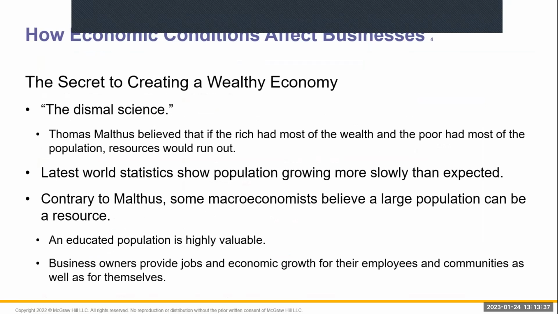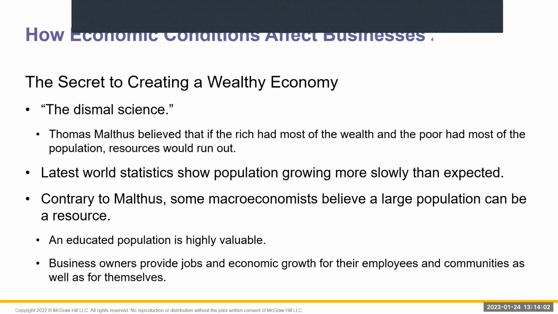Okay. The secret to creating wealth in an economy. Thomas Malthus was one of your older beginning economic scientists, and he believed that if the rich have most of the wealth, that the poor have most of the population, resources would run out. People would starve. He called it the dismal science, the study of economics.